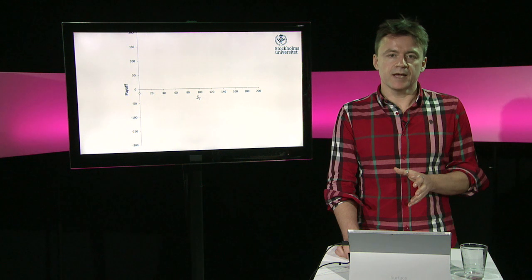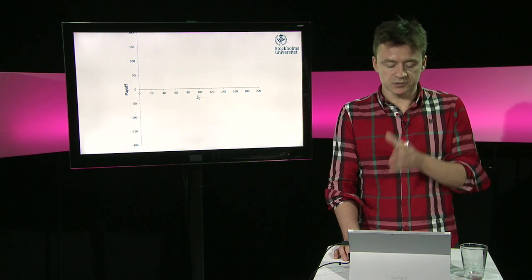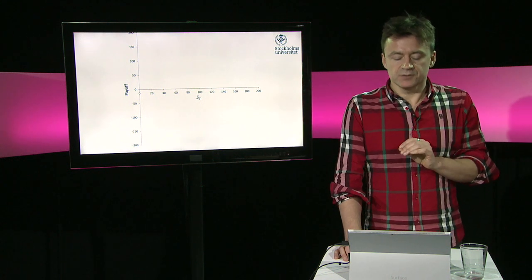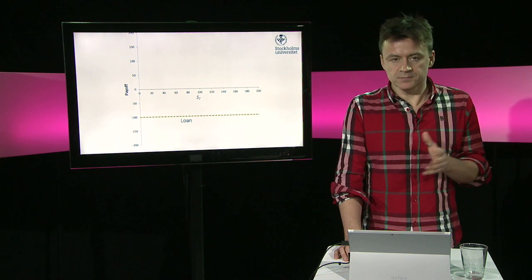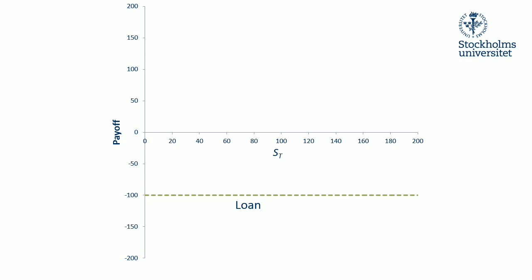So, if we go ahead and plot the payoff of such a strategy, we have on one hand that we're buying the stock. Let's start with a loan. We're borrowing the present value of the strike price of the option. So the payoff is that we need to return the loan.